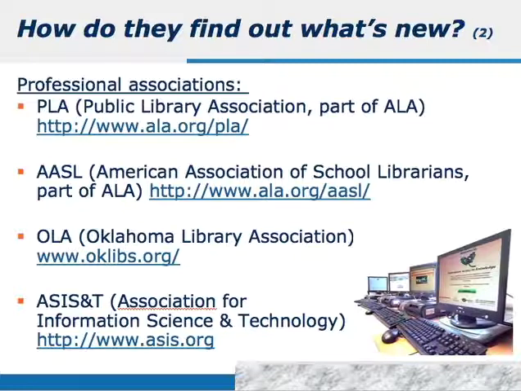And then there's also an organization called ASIST, the Association for Information Science and Technology. I don't know how familiar you might be with ASIST, but if you end up in a research library, especially where there is an iSchool or an information school, you'll definitely need to know about ASIST.